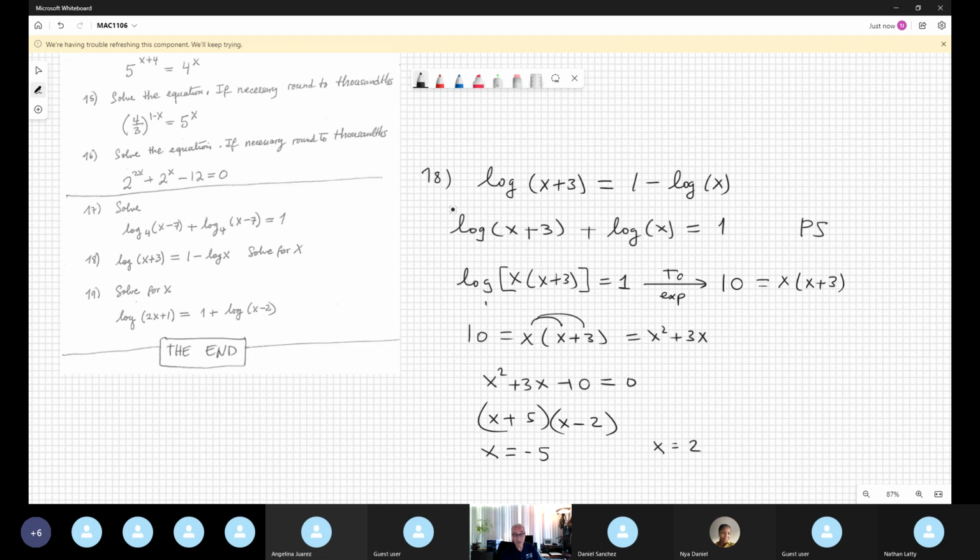Okay, and I need to check it, as always. Negative 5 doesn't work, because negative 5 plus 3 is obviously negative 2, and logarithm of negative 2 does not exist. So this solution doesn't work. And 2 maybe, I don't know. Let me check it just in case. How are you checking? Plug it in the original.